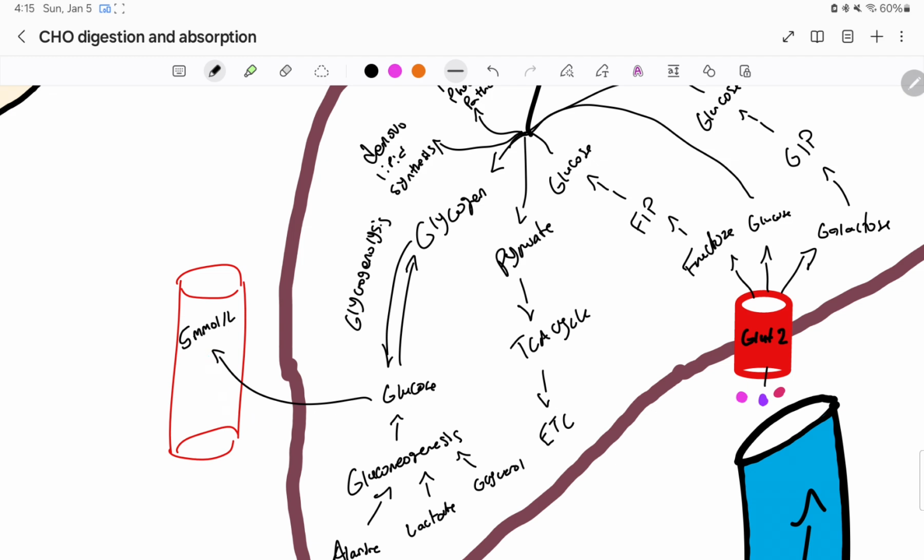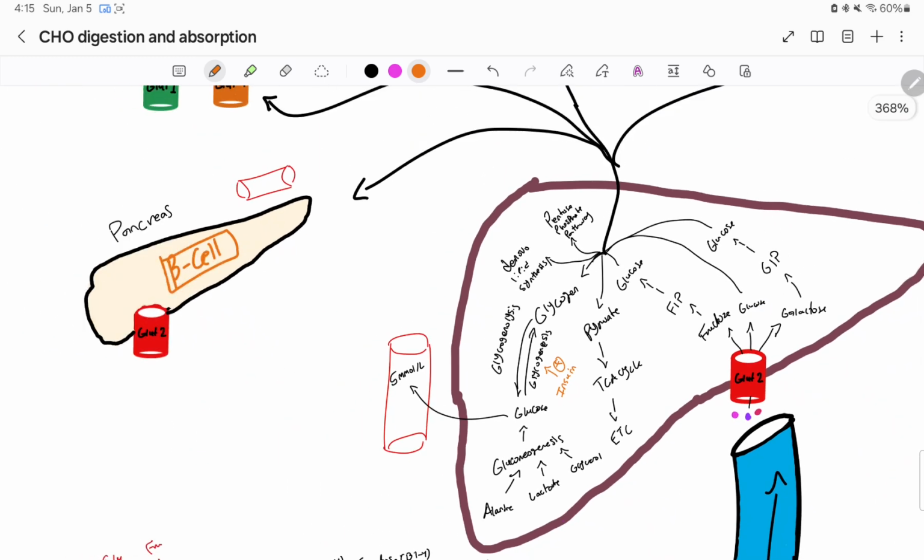And the making of glycogen is also known as glycogenesis, and this is actually stimulated by the hormone insulin.